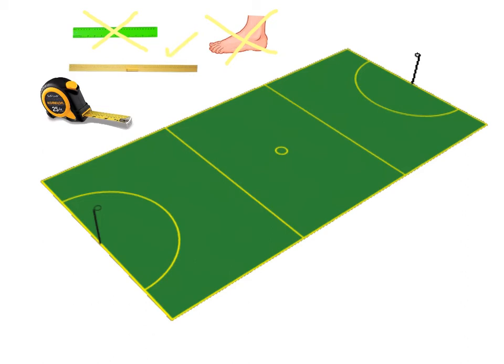Then she thought about her measuring tape. Now, her measuring tape, she knew, would have metres on it, and she would not have to keep moving her measuring tape. She would just have to place it at one end of the line that she was measuring, and then she could drag it all out to the other end of the goal line that she wanted to measure.